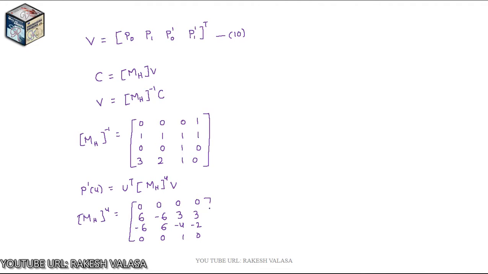You can follow the previous procedure to get this MH power U matrix. These are the equation numbers 11, 12, and 13.